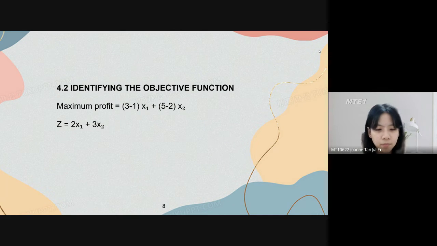To find the maximum profit, 3 ringgit of sunflowers minus the original cost of sunflower, which is 1 ringgit, and plus 5 ringgit minus 2 ringgit, which is the original cost of roses. Thus, the objective function is Z equals 2S1 plus 3S2 to find the maximum profit. This is our objective function for this question.